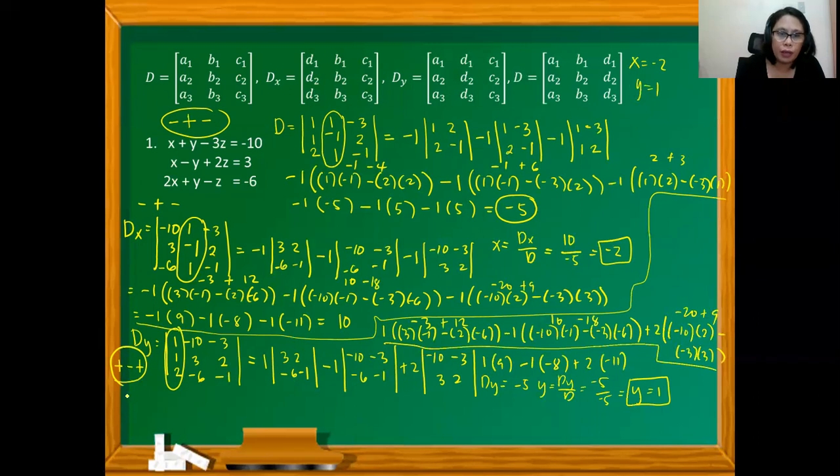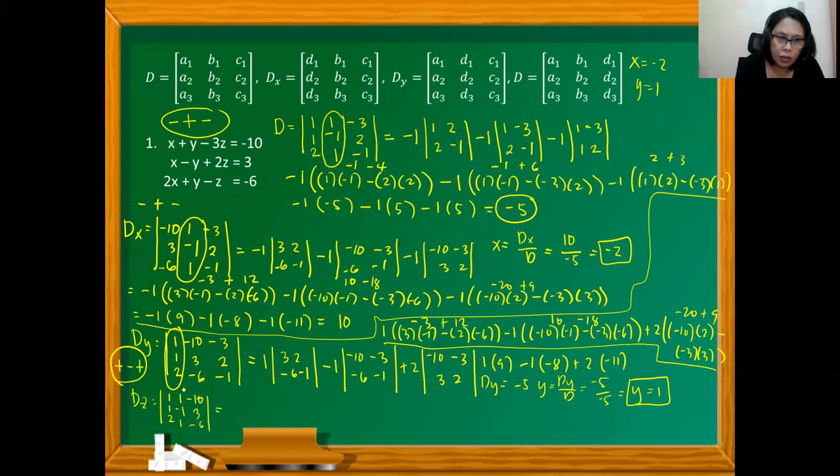And then we'll have d sub z. So we'll consider these elements. Okay. So for d sub z, so 1, 1, 2, 1, 1, 2, and then we have 1, -1, 1, and then we have the constant terms -10, 3, and then -6.